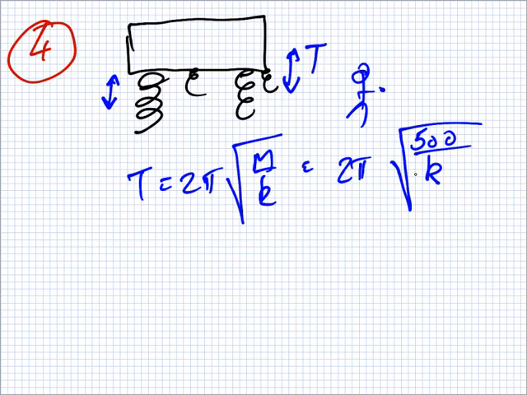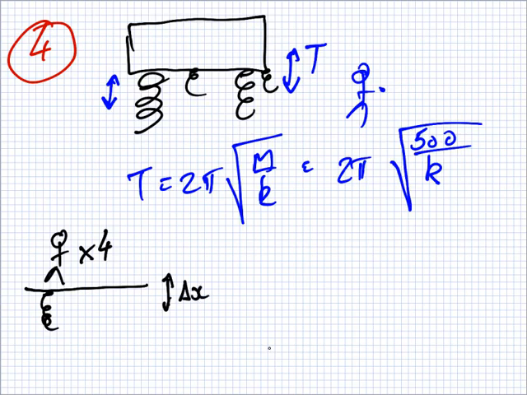Now, do I tell you the k? No, so now you do need to know the mass of the people and the compression of the car. So you do need it for this part. Okay, so you have the 4 people. They stand in the car, and the spring shrinks delta x. So the weight of the car plus the people should equal the force from the springs.